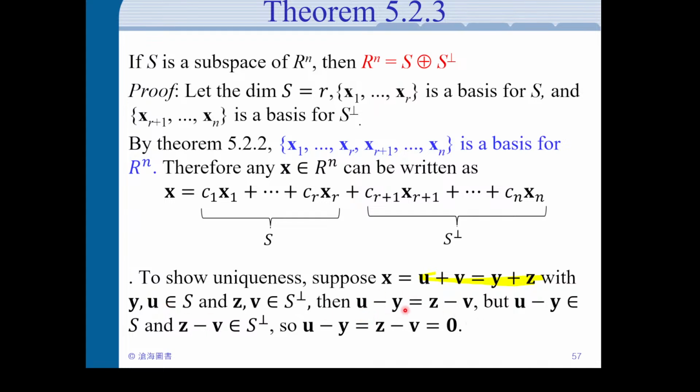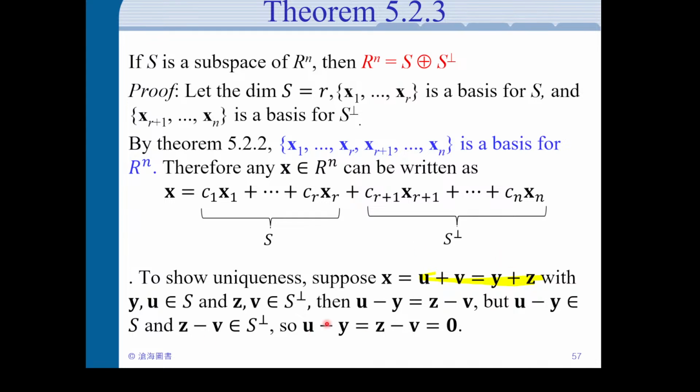So this side is inside S, and this side is inside S perpendicular, but they are equal. So we have something both inside S and S perpendicular, and we know from our lemma 0 that this thing must be the 0 vector. So the difference between U and Y and the difference between Z and V must be 0. U must equal Y, and V must equal Z, and so this decomposition must be unique.